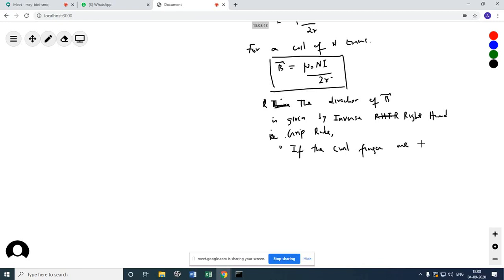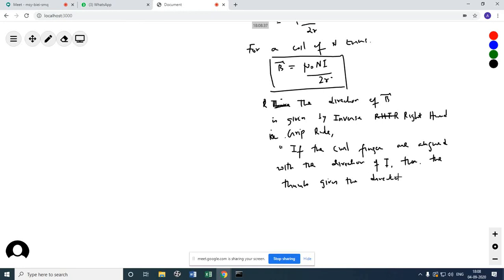So then the relation would be again the right hand thumb rule, or right hand inverse thumb rule, I can say. Okay? The direction of B is given by, you can say this like this, the inverse thumb rule.